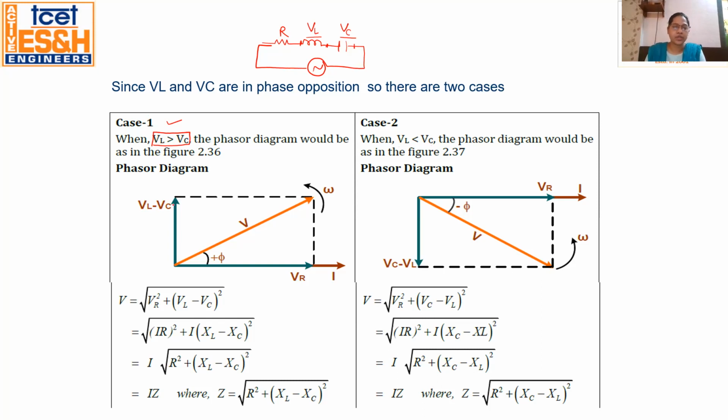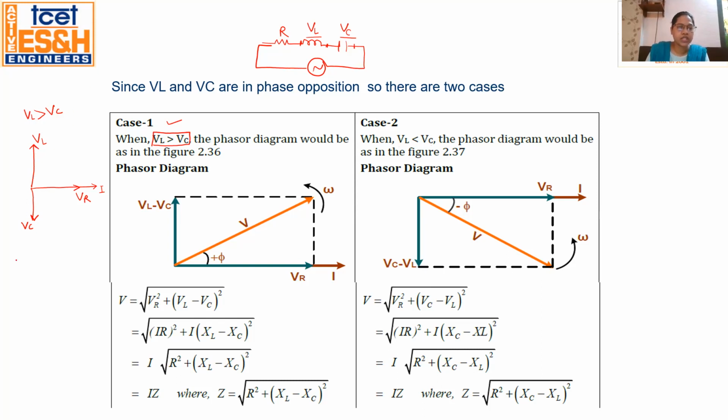So here you see in the diagram, this is VL, this is I, and in phase with I, VR should be drawn, and this is VC, in the case of VL greater than VC. As from the phasor diagram, VL has a larger magnitude than VC.